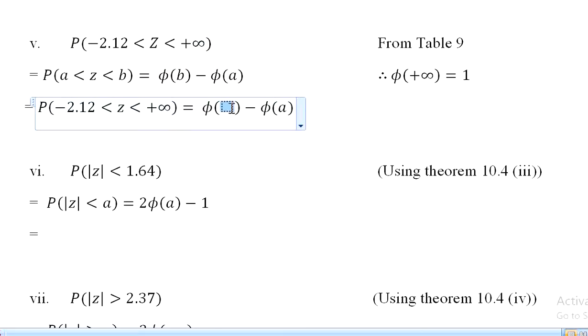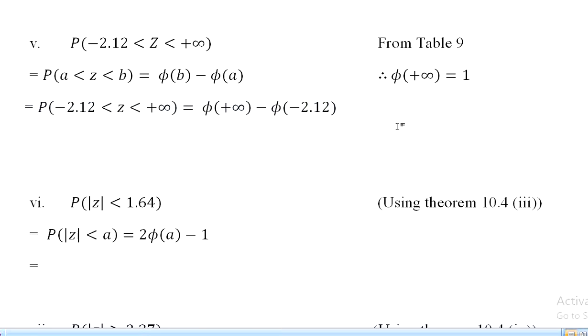Now minus 2.12. So we will use table number 9 to solve it. Now phi of plus infinity is equal to 1.